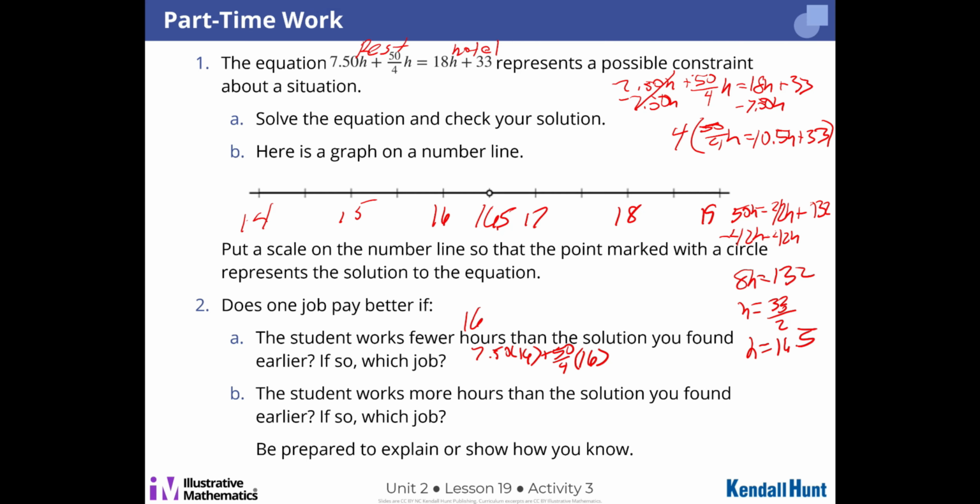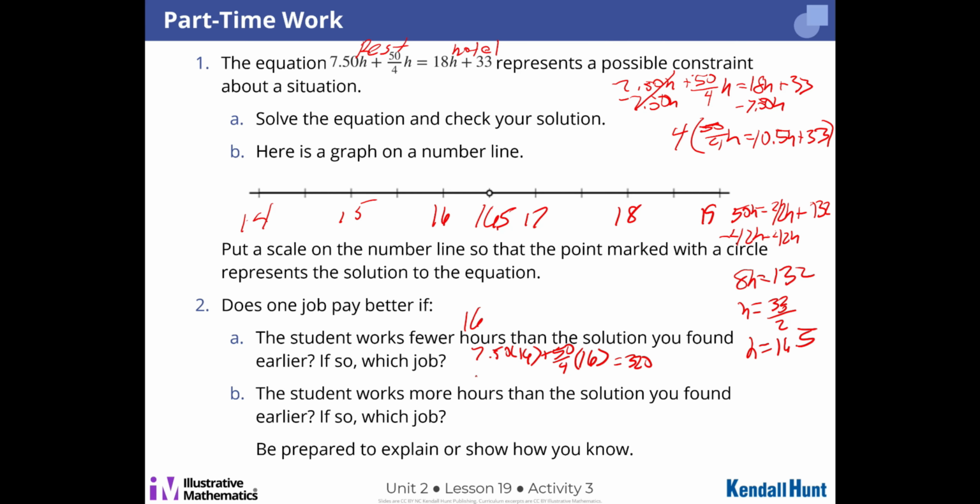Okay, 7.50(16) plus 50 over 4(16). So for this situation, it's 320.